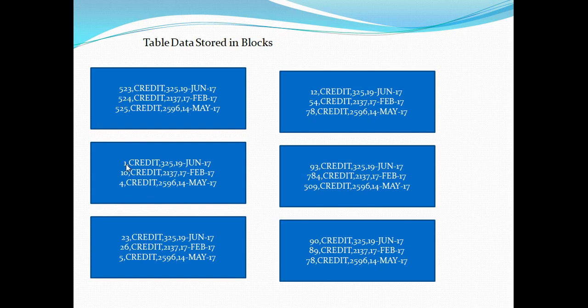Next, we want to fetch the details of transaction ID 54, so we have to read this block as well. Then I want to read the transaction details for 784, and all these are sequential. When we are accessing using the index, we are accessing these sequentially. And remember guys, we are doing a random IO as well, which is the most cost intensive operation.